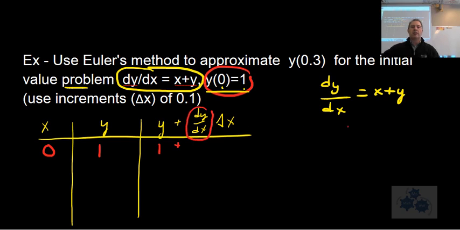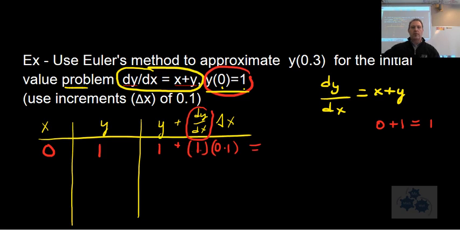We have to find out what dy over dx is for this point, 0, 1. 0 plus 1 is 1. And then the change in x, we've arbitrarily set to 0.1. You see that? So we're going to find the next point over at a difference in x values of 0.1, and find out what that next y value is.